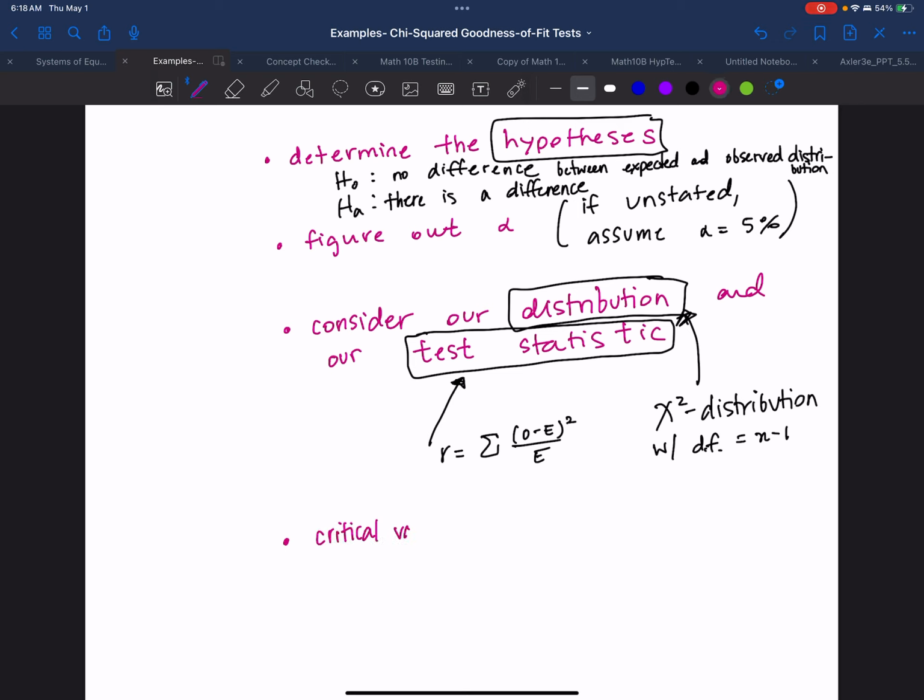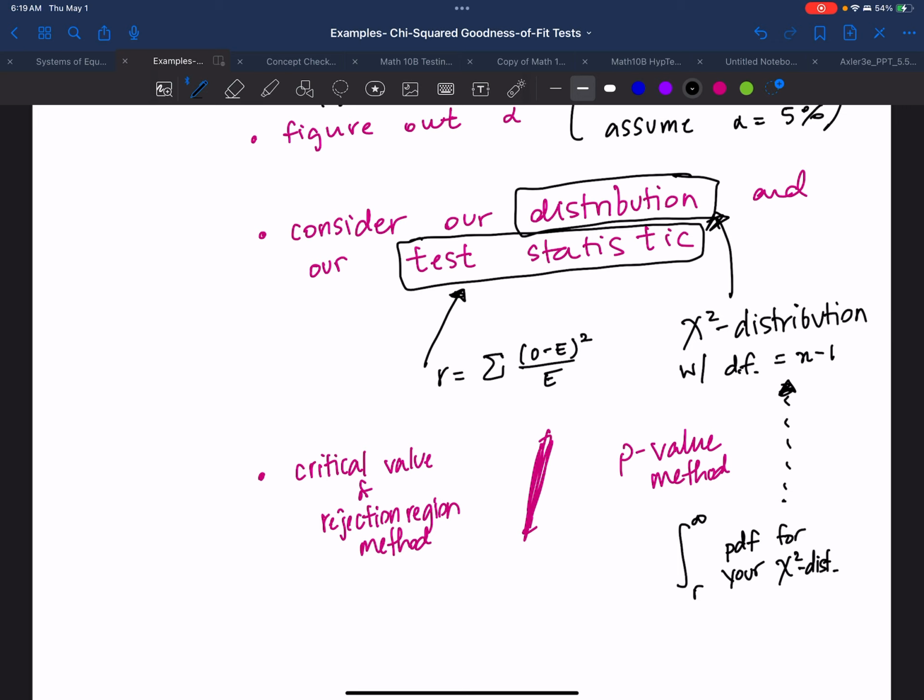For us, in this case, the p-value is going to be the integral from your r to infinity of the PDF for your chi-square distribution, which is going to be based on your n minus 1. So this is the area to the right of your test statistic.